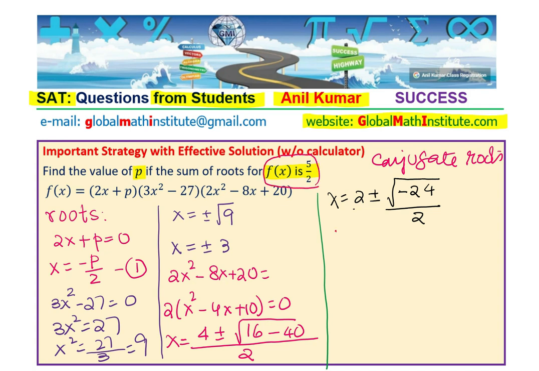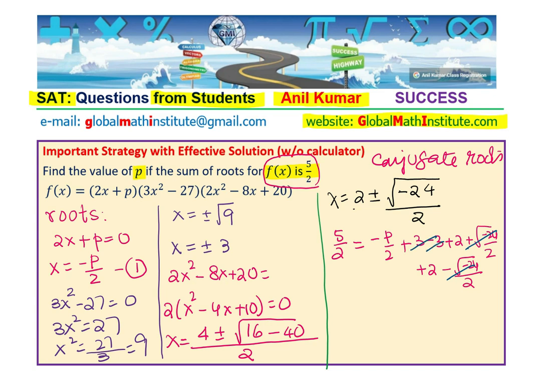So 5 by 2 is basically equal to the roots which are minus p by 2, plus 3, and minus 3, plus 2, and plus square root of minus 24 by 2, and also plus 2 minus square root of minus 24 by 2. So even if it is complex, it doesn't really matter because it cancels.